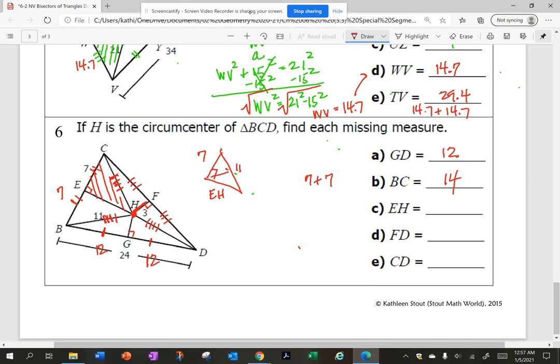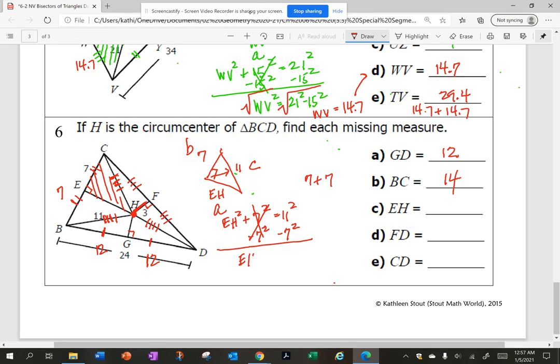So 11 is my hypotenuse C. So I'm going to call these A and B. So I have EH squared plus 7 squared equals 11 squared. So I'm going to subtract 7 squared on both sides.